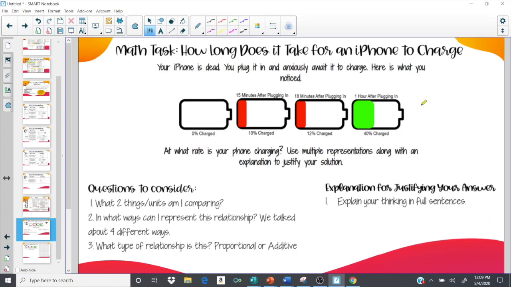And lastly, direct your attention to the time plugged in. Notice that all the examples represent an amount of time, but in what units of time? Remember that we are finding the relationship between 2 different units, not 3.